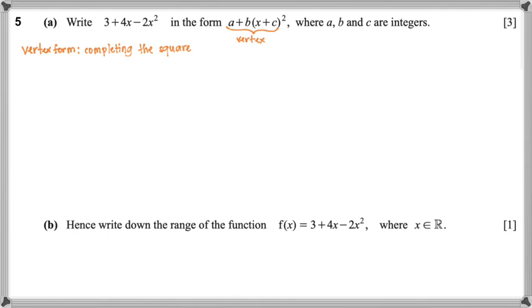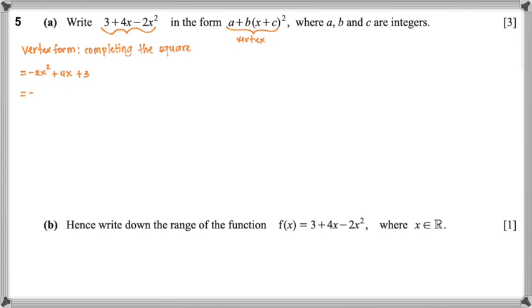So rearrange this quadratic expression in the form of ax squared plus bx plus c. So we'll get negative 2x squared plus 4x plus 3. Alright, now we apply our knowledge of completing the square.